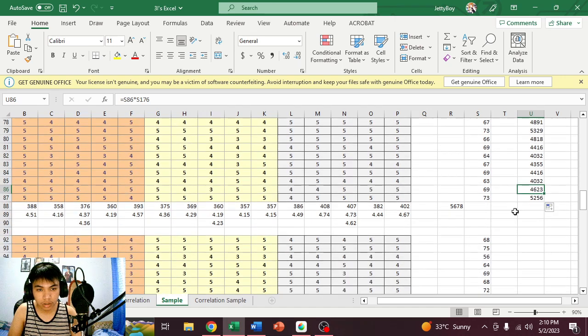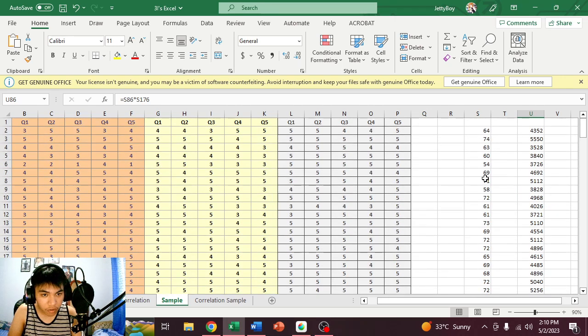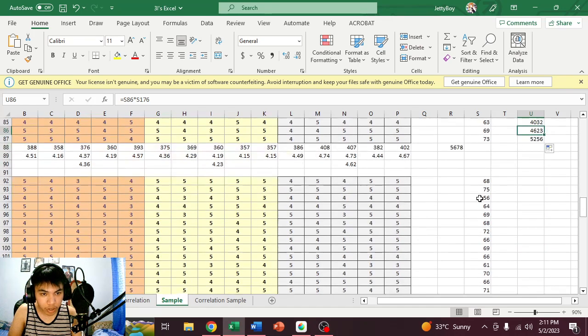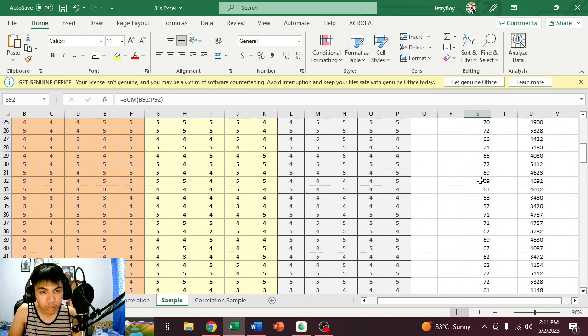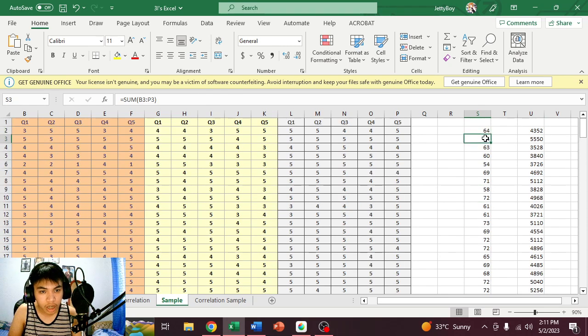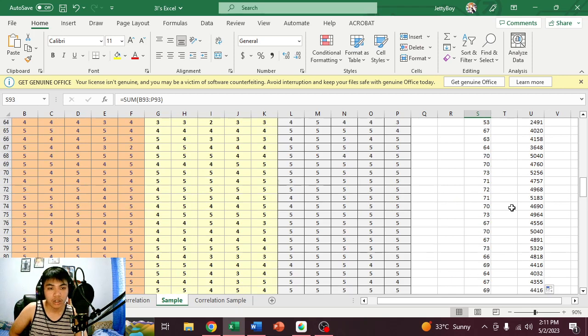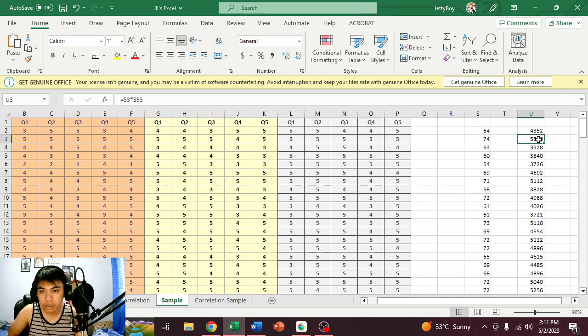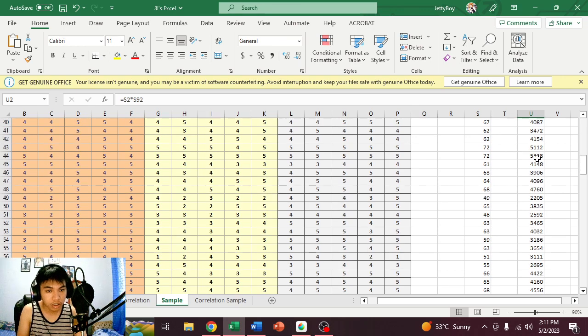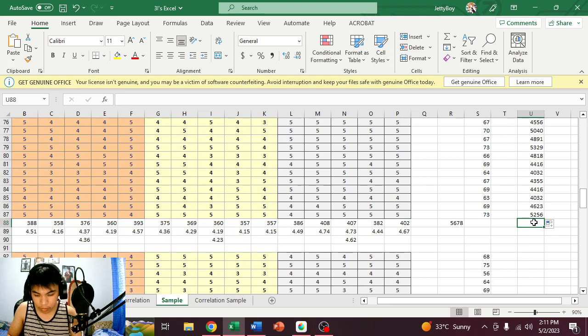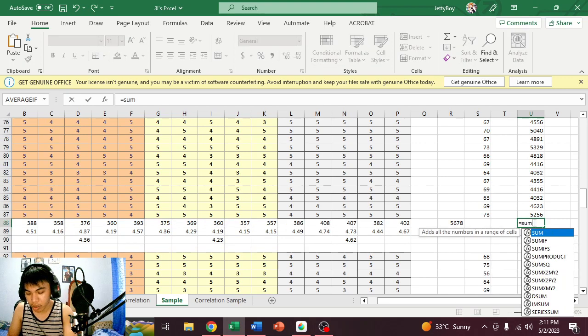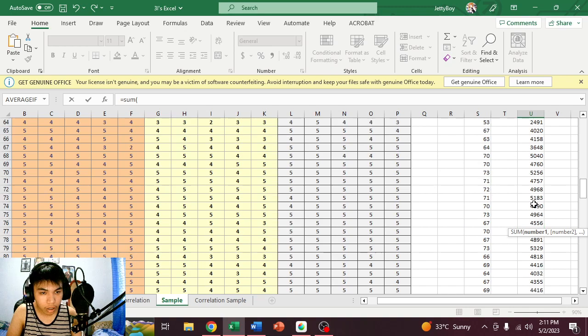Because that would just multiply all of these corresponding x values up to here. So the first one will be in congruence with the first one, second one is with the second one, and so on and so forth. So basically this is the values, and now we basically just need to add this all together. Equal sign sum parentheses all of these values here.